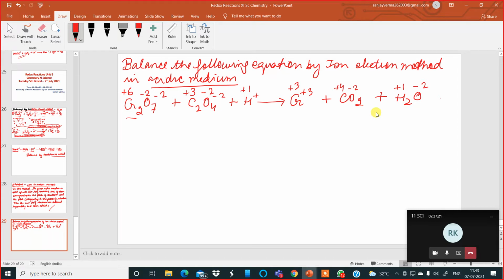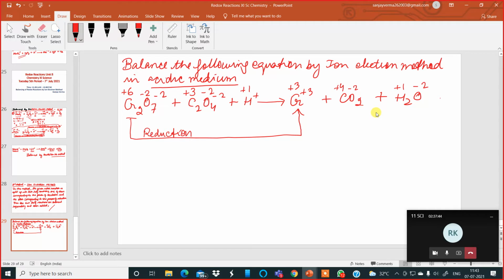Chromium is changing from plus 6 to plus 3, so I'll put an arrow over here. It is a decrease in oxidation number, so this part is reduction.